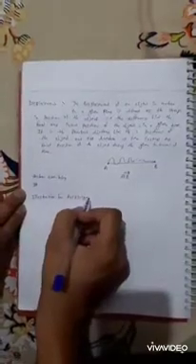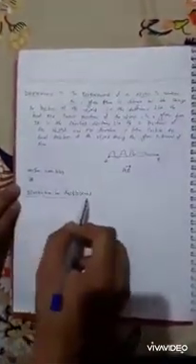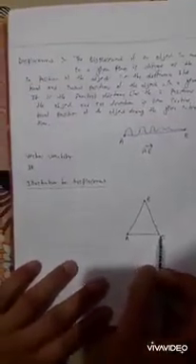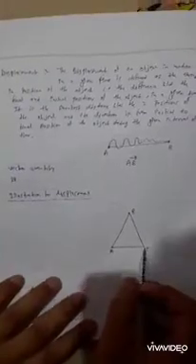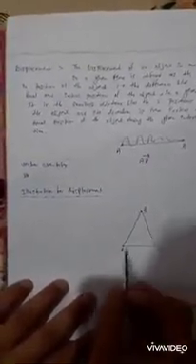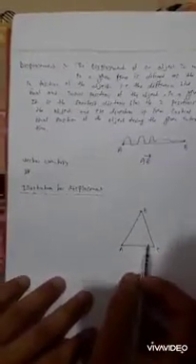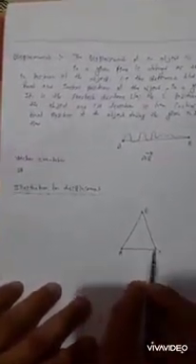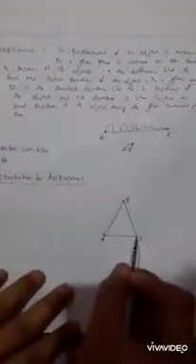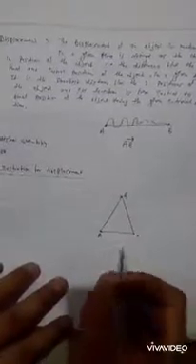Illustration for displacement. Now I am again taking this example A, B and C. An object starts moving from point A to B, then it reaches finally at point C. So we will say that when an object goes on path A, B, C, then the displacement of the object is AC, because it is the shortest distance between the initial position and the final position.